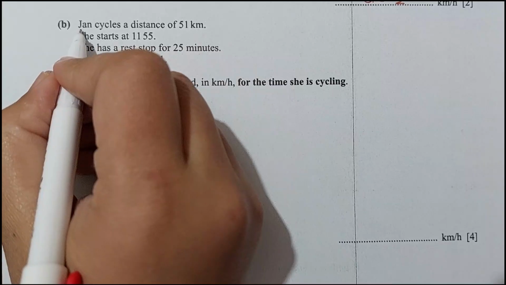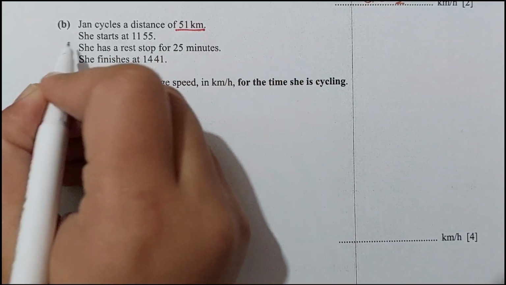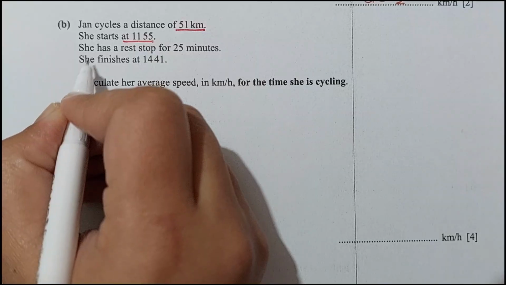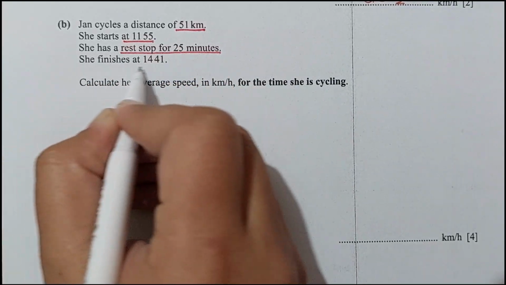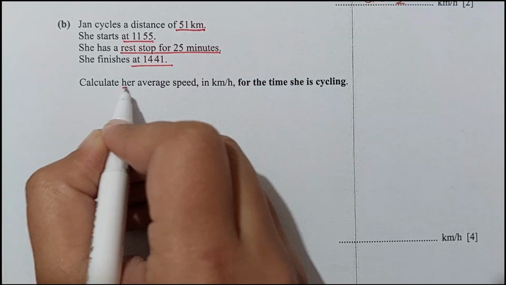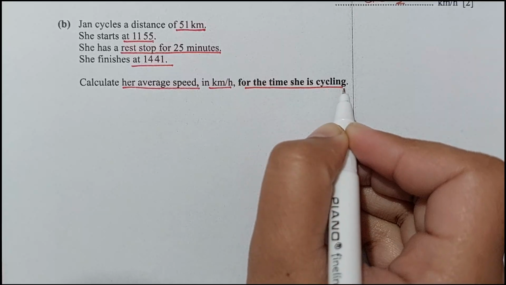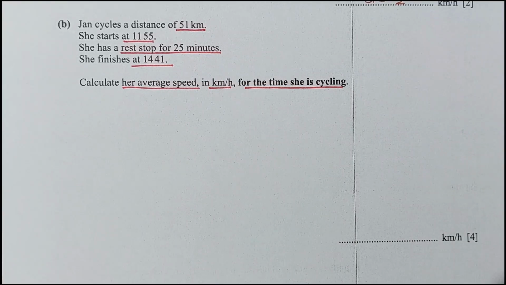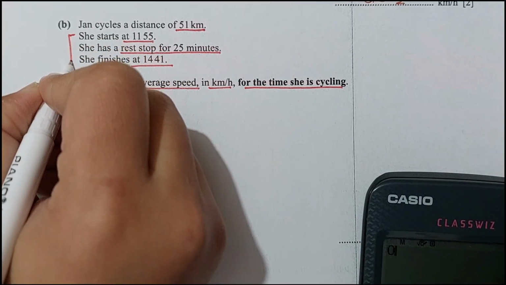Now for part B, Jan cycles a distance of 51 kilometers. She starts at 11:55. She has a rest stop for 25 minutes. She finishes at 14:41. Calculate her average speed in kilometers per hour for the time she is cycling, only the time she is cycling, not the time she is at rest. Let me find out the total time first.